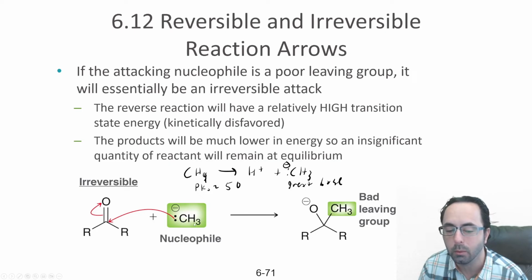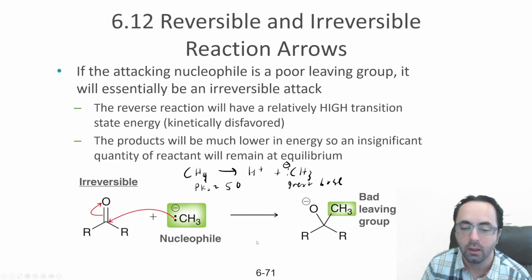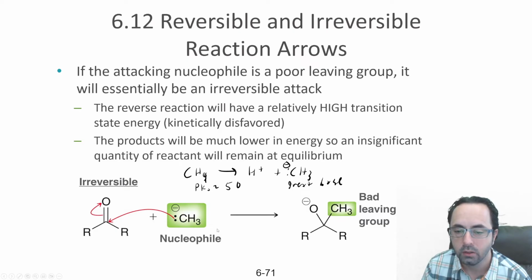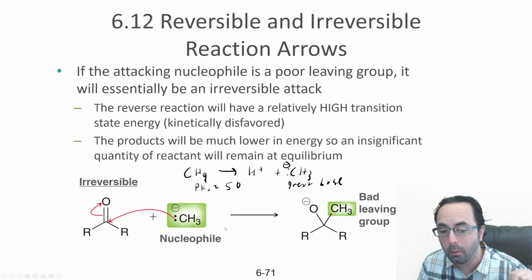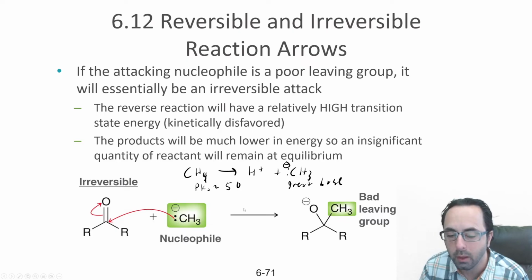It's not going to want to go left and produce this highly unstable nucleophile. So based on what we've learned in chapters 2 and 3, the stability of ions related to resonance and where the negative charge should be on an electronegative atom, everything we've done in ARIO to evaluate the stability of conjugate bases will help you to determine this.